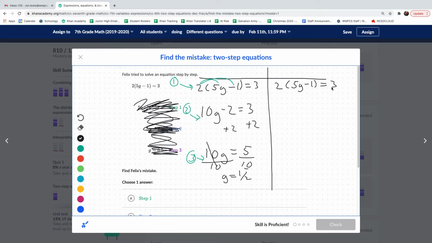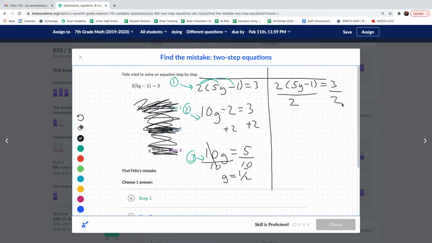What we can actually do in this problem is another variation of the distributive property that's not used as much. Since we're taking 2 and multiplying it by everything in the parentheses, we can work backwards instead and divide everything by 2.